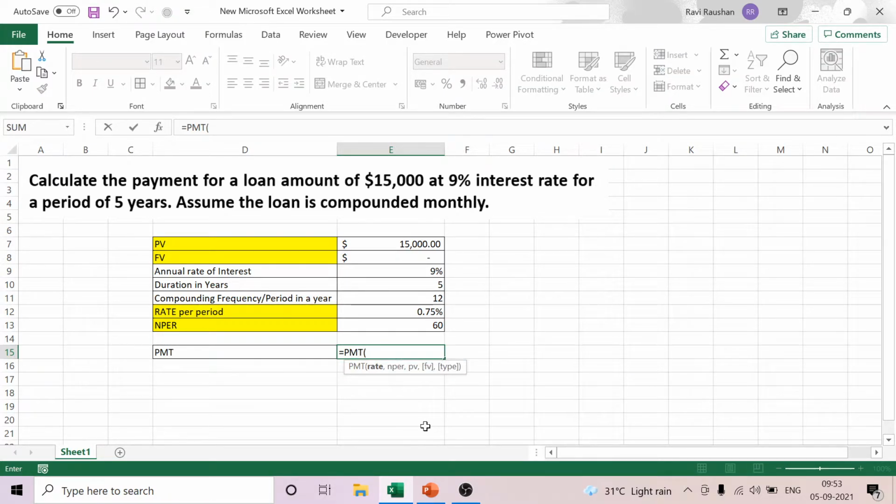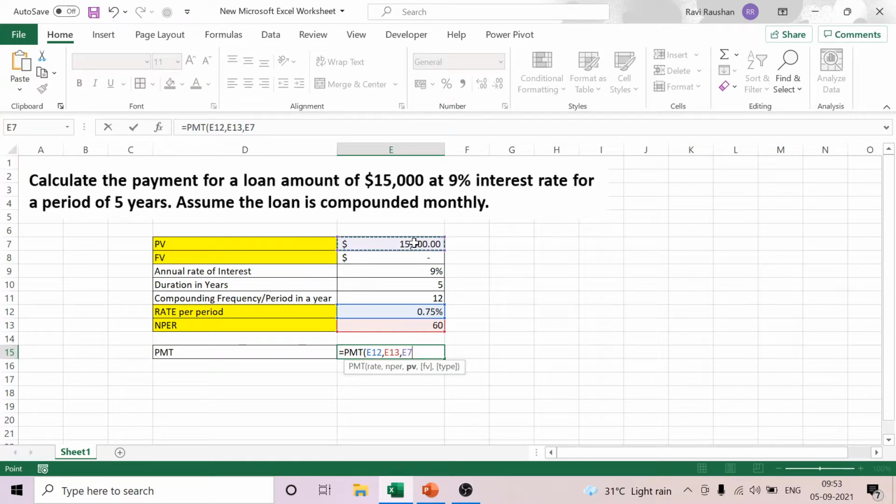Now you'll have to follow the instructions which I call the palette, if you really do not remember the syntax. Now you look at it, it is saying rate. It is actually the rate per period, which you have already calculated. You click on the rate per period, put a comma. Then it is asking for the NPER, which you have already calculated. Click the NPER. Then it is asking for the present value. You calculate the present value. Now see the future value and the type.